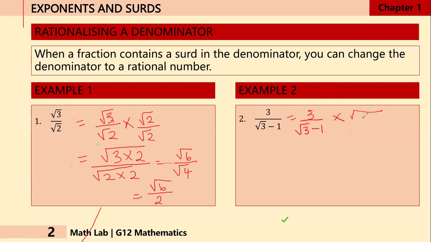So we're going to multiply this by root 3 plus 1 all over root 3 plus 1. This is how we rationalize. Let me do it properly here. This square root is stubborn, it doesn't want to be removed.